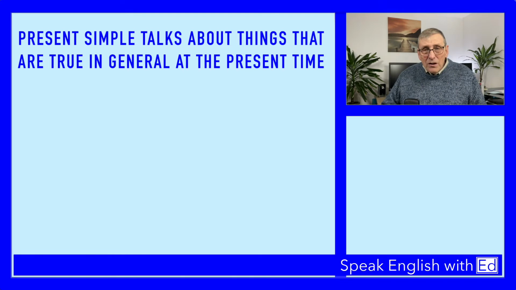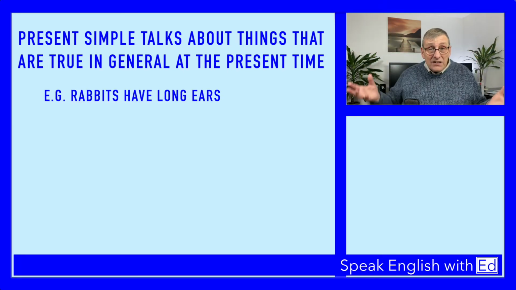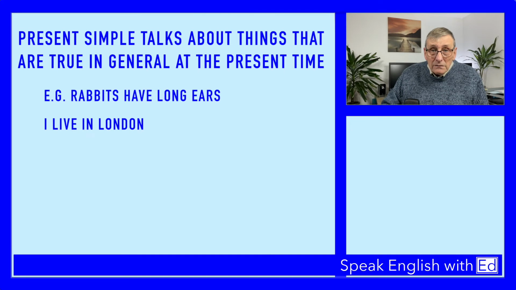Now what I mean by that is, you can say that rabbits have got long ears. Now rabbits do have long ears. It's a general fact. Or you can say, I live in London. Now I don't live in London, but if you live in London you can say, I live in London.